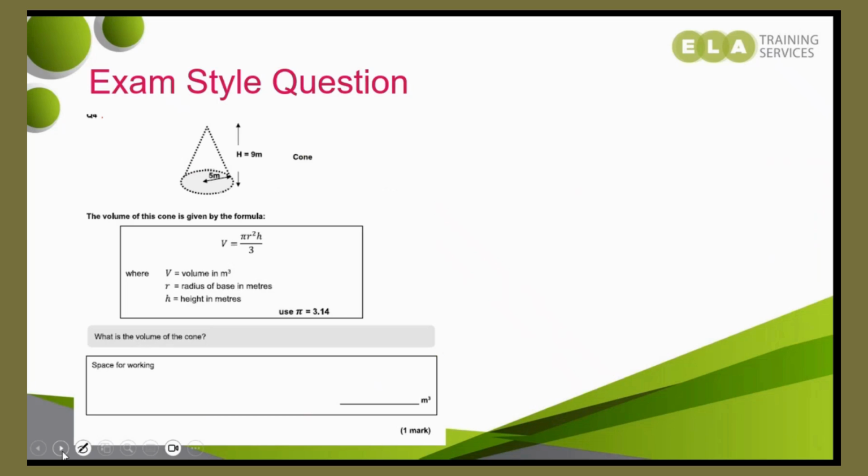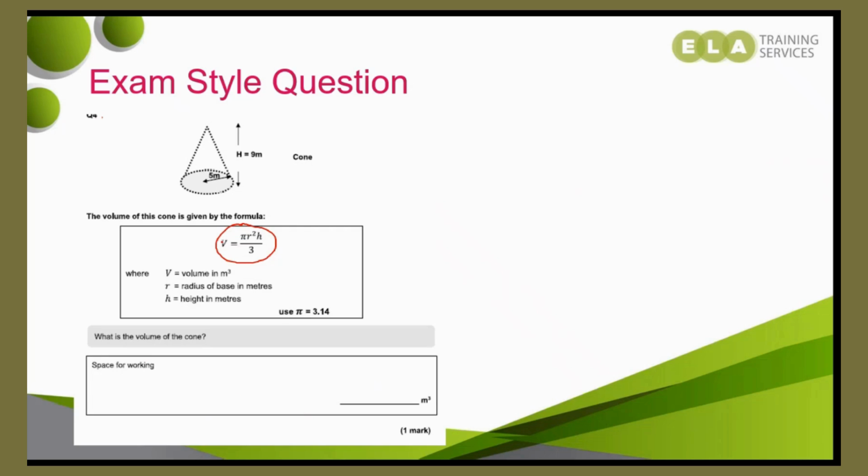Fantastic. Okay, the last exam question is actually taken from a mock paper. And our question says here, the volume of the cone is given by this formula, where V equals volume in meters cubed, r is the radius of the base in meters, and H equals height in meters. Using this little symbol as 3.14, so that symbol is equal to that number, what is the volume of the cone? And it's a 1-mark question, okay?